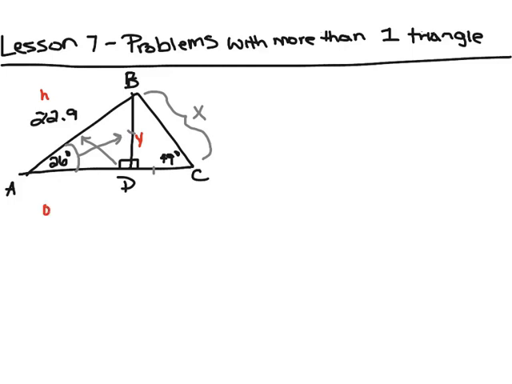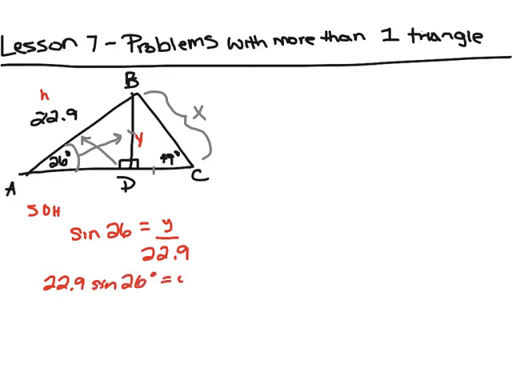So we have an O and an H, so we're going to use the sine ratio. Sine of 26 is equal to Y over 22.9. Multiply both sides by 22.9, and you get 22.9 sine of 26 degrees equals Y.